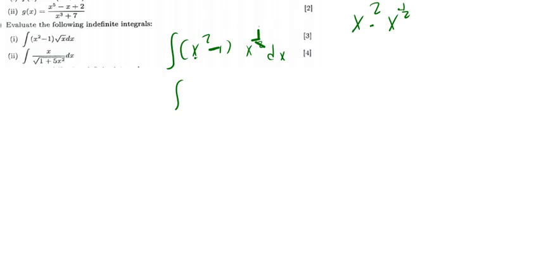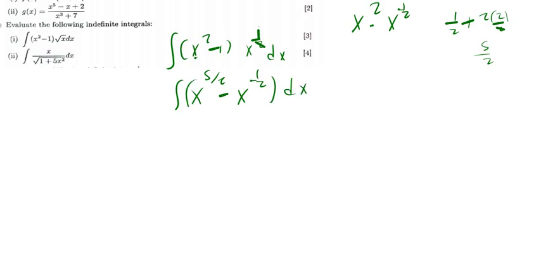When the bases are the same, you add the powers, meaning you are going to have 1 over 2 plus 2, which is the same as 5 over 2. So now if you multiply, that will be 5 over 2 minus 1 times x to the power half, which is just x to the power half. So you put them in brackets times dx.